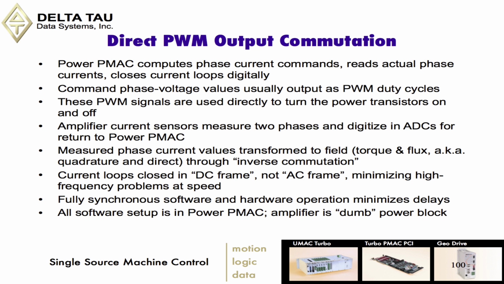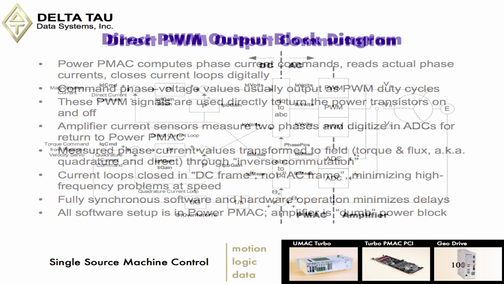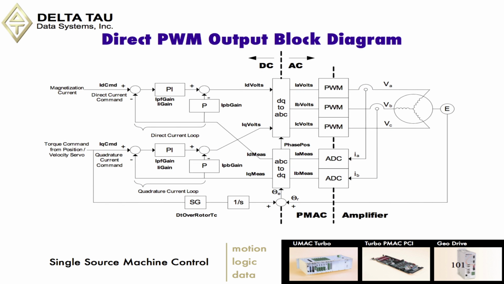So here now that we see PMAC, this little box basically represents this thing called a Park-Clarke transform. And so what we do is we have the torque command coming out. We have our current loop gains, closing the current loop, sending this to the Park-Clarke transform. We're measuring the current values coming back from the motor into ADCs, and we're doing an inverse transformation of this transform on them to send back to close the current loop.